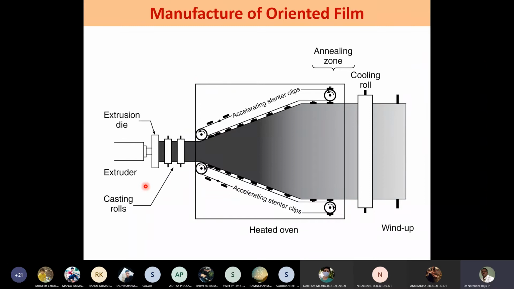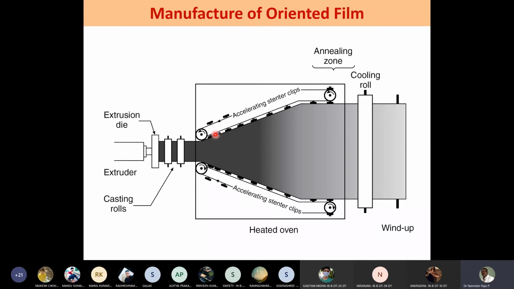Yesterday, I told you about the orientation process, and look at the orientation process. From the extruder, the film is extruded or cast. If you apply the force only in one direction, that is called the machine direction, and it is called a monoaxial oriented film.